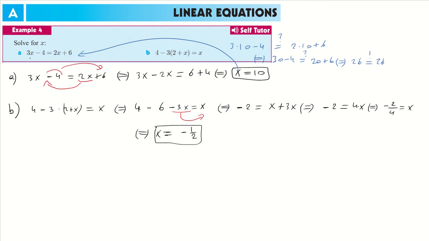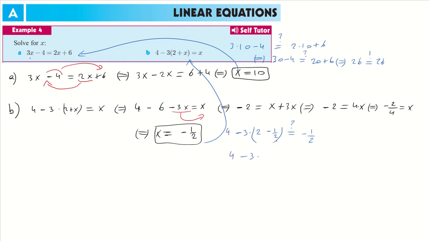And we can check our answer again. Plugging it in: 4 minus 3 times (2 and then minus 1 over 2) should be equal to negative 1 over 2. Okay, 2 minus 1 over 2, that is 3 over 2. Yeah, we forgot the 4 here.